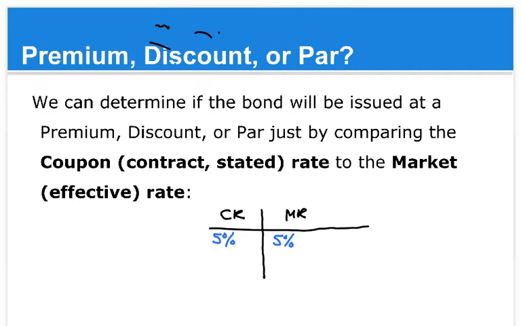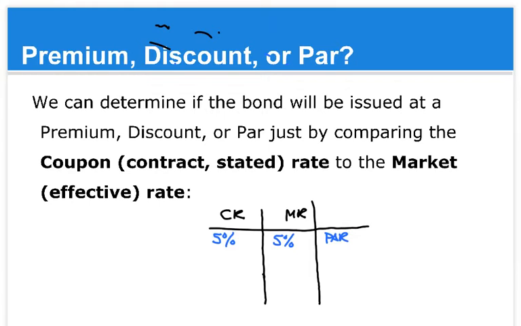So what you would have is a situation where this bond, with everything else being equal in the market, would be issued at par. There, this bond will be issued at par. Now let's say this same bond is issued at 5%.